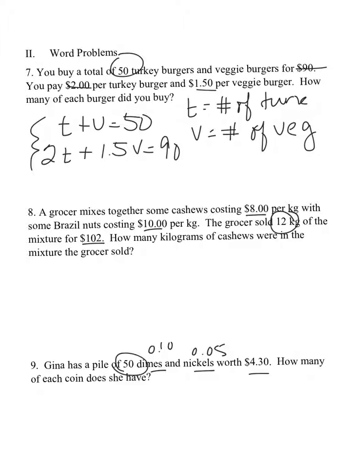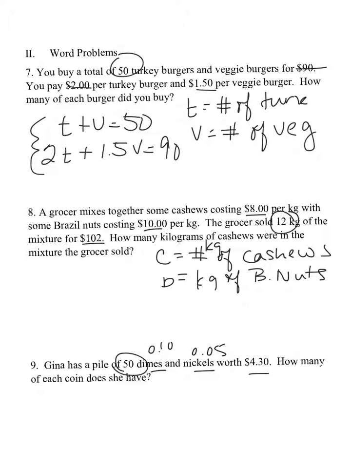The second one, you can let C equal the kilograms of cashews, and you can let B equal the kilograms of Brazil nuts.